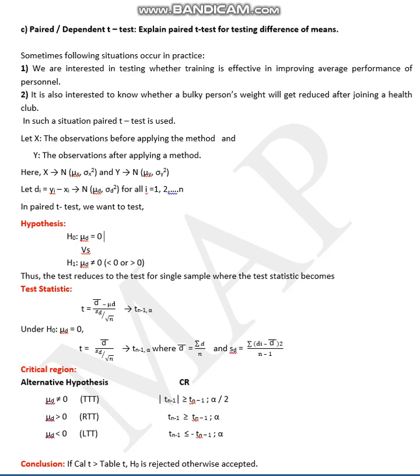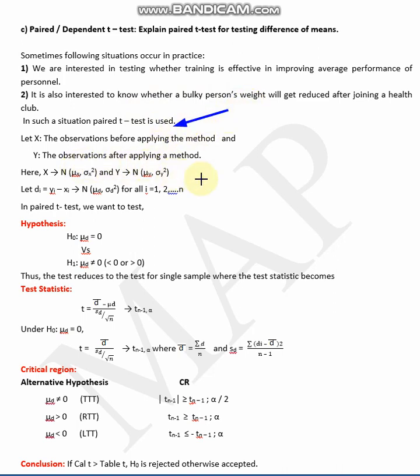X represents the observations before applying the method. That means before giving a training, what are the observations? That is taken as X. Or in the second situation, the bulky person's weight before joining a health club should be taken.